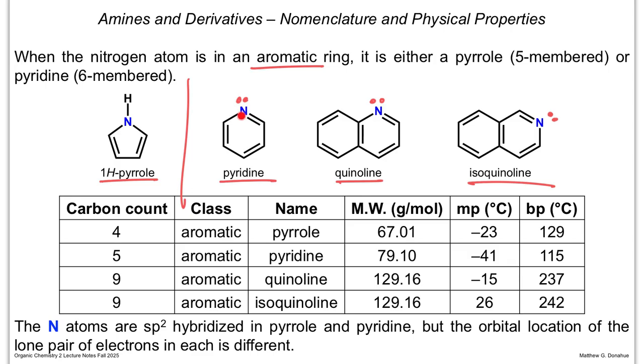Nitrogen is sp2 hybridized. We see the pi bond right there. So the nitrogen p orbital and that carbon p orbital form the pi bond, meaning that this lone pair exists in an sp2 hybrid orbital.